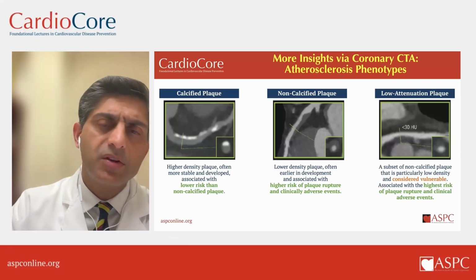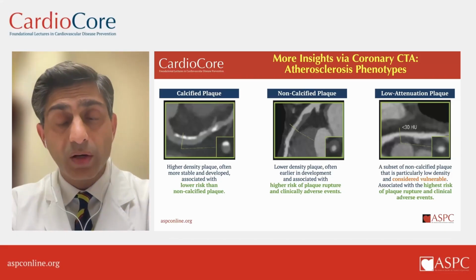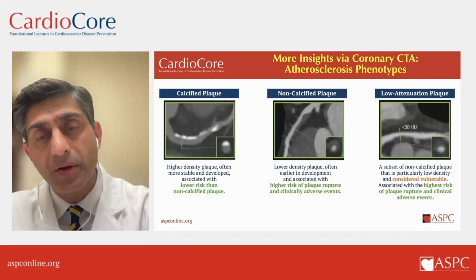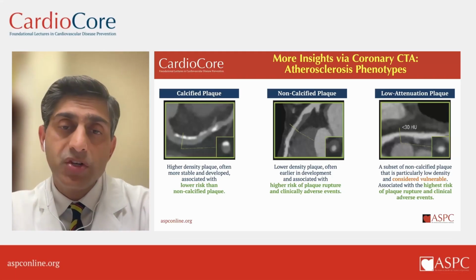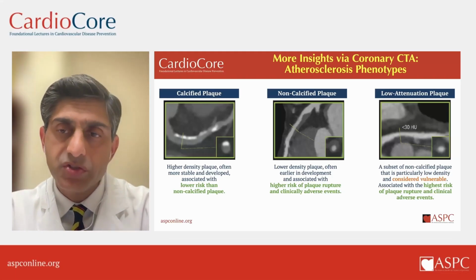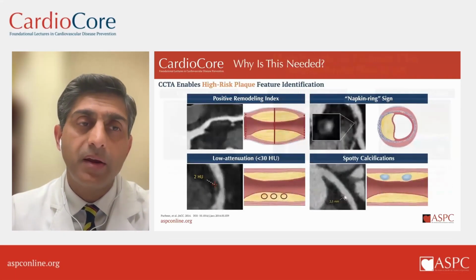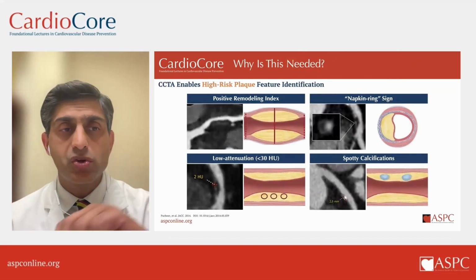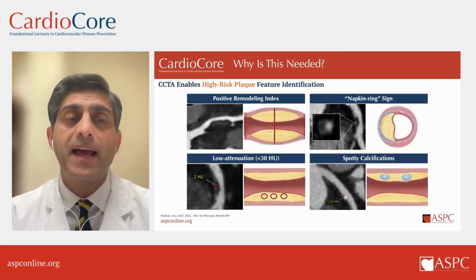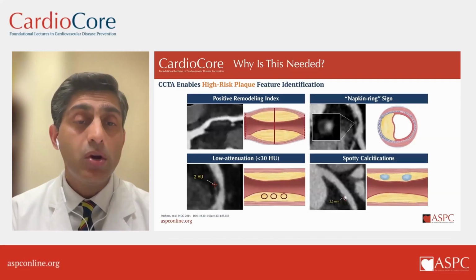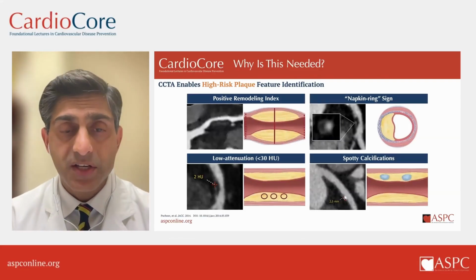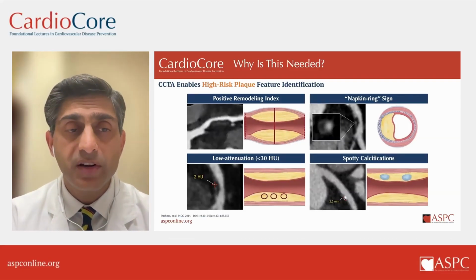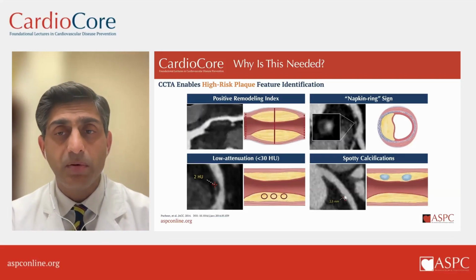So my challenge, I suppose, in clinic and a discussion we are going to have is how can we better identify patients at risk? How can we personalize their treatment plan? This is just a nice depiction of some of those, quote, high-risk plaque features that we look for when we see patients who've had a CCTA. The positive remodeling that you can see on the top left.